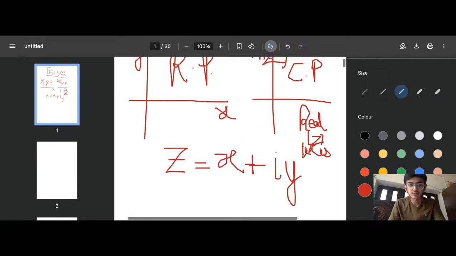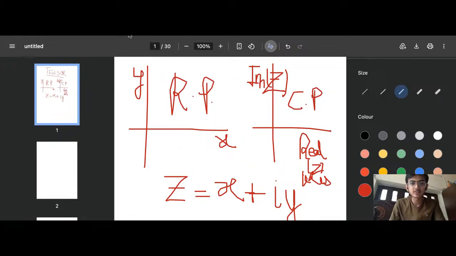In the real system, or the xy coordinate system, we have the x coordinate and the y coordinate as the horizontal and vertical axes, and whatever point you locate in this real plane would be of the form x comma y.